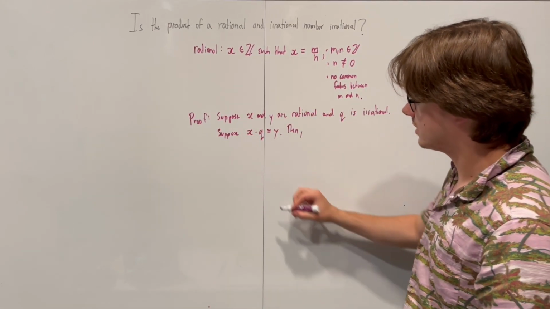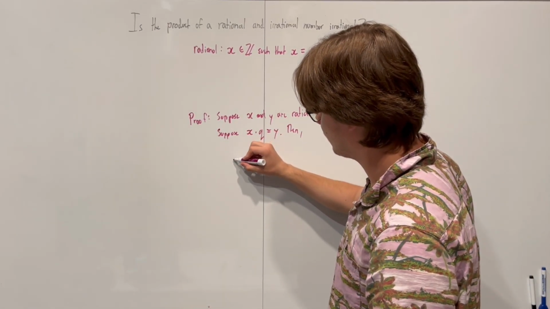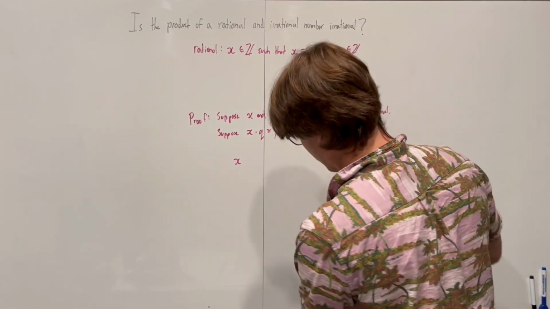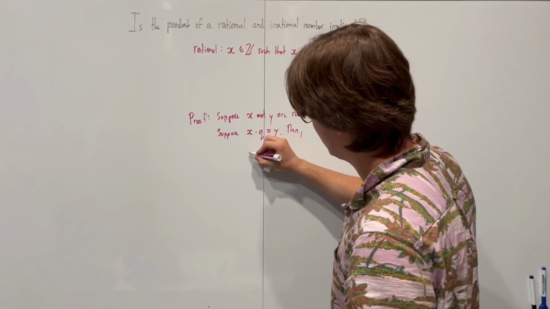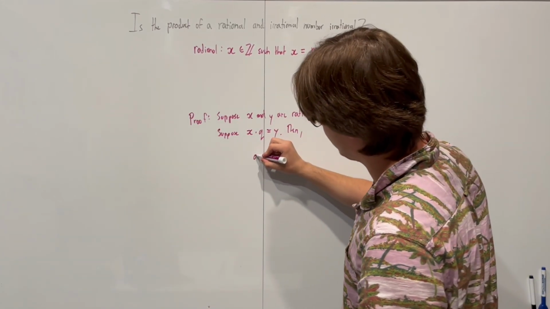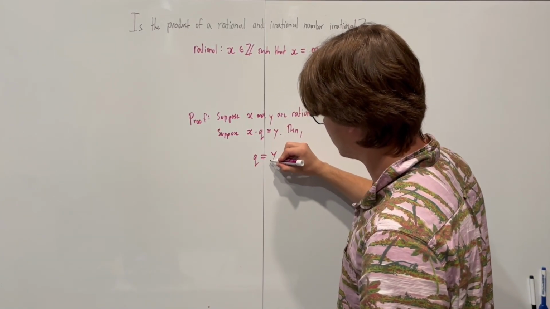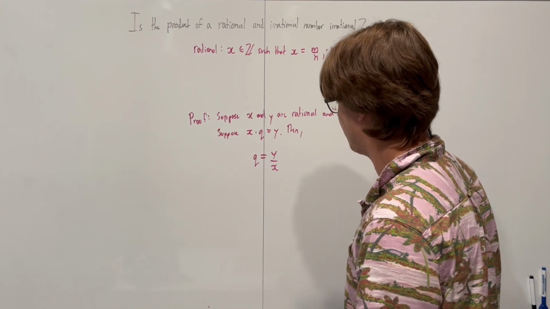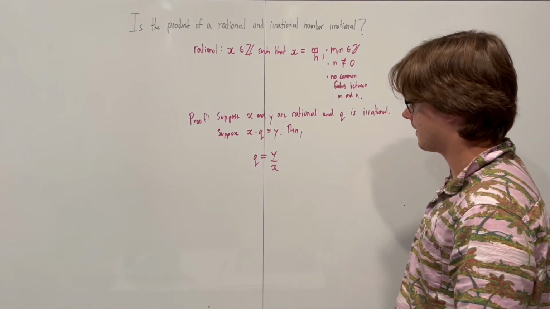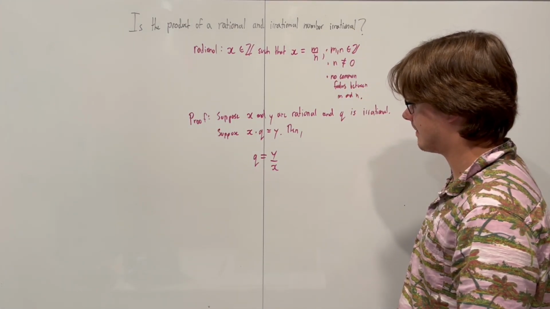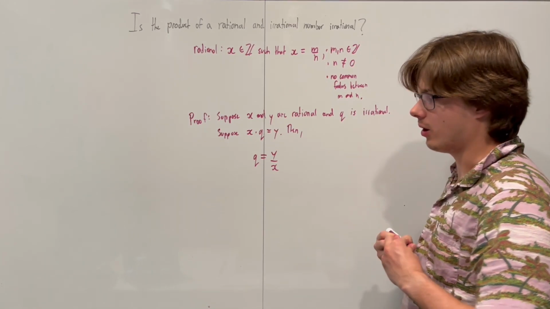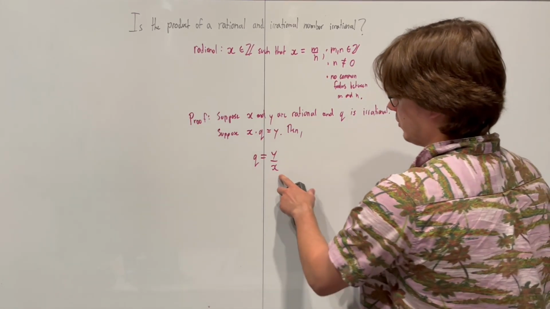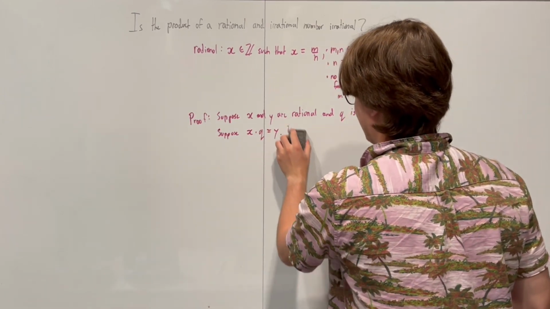Then what we can say is, we can rearrange this, right, with the way multiplication works. Q must then be equal to x over y, right? No, okay. The thing I'm struggling with is the x as the denominator. I keep forgetting.